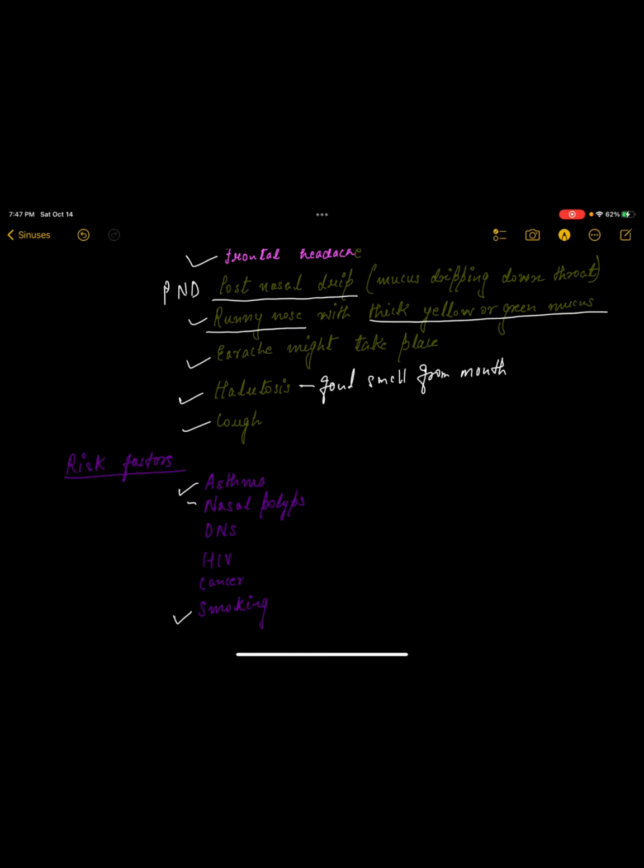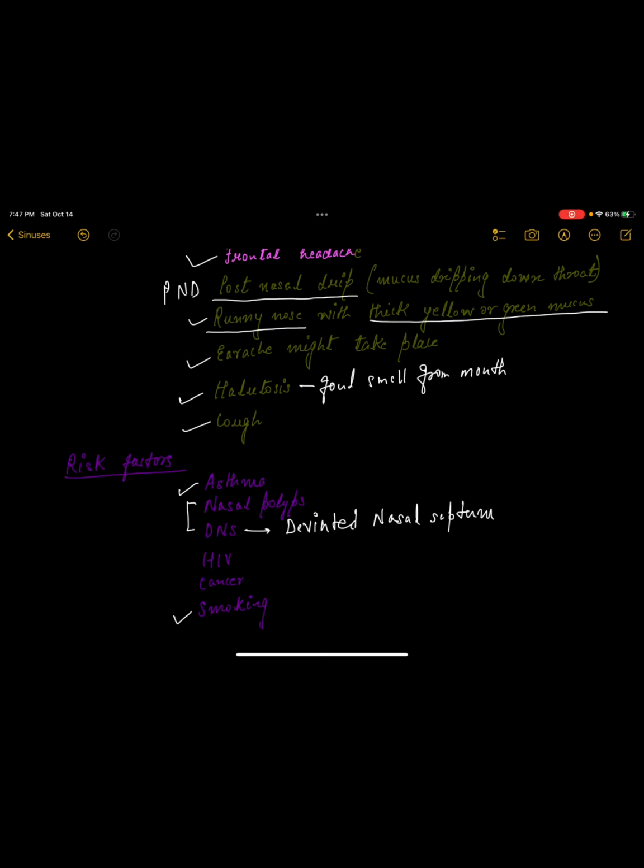And if a patient already has a nasal anatomical deformity, for example nasal polyp or DNS, deviated nasal septum, these deformities can create a passage barrier inside the nose, and due to this barrier there will be a congestion feeling inside the nose and pressure headache.